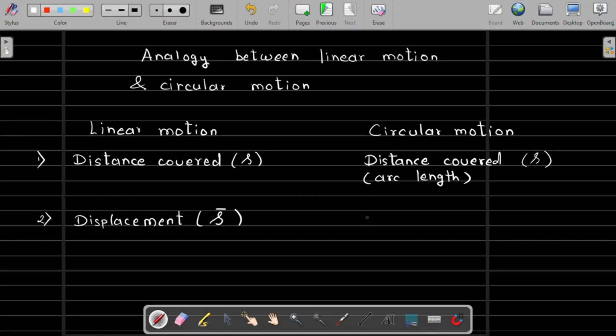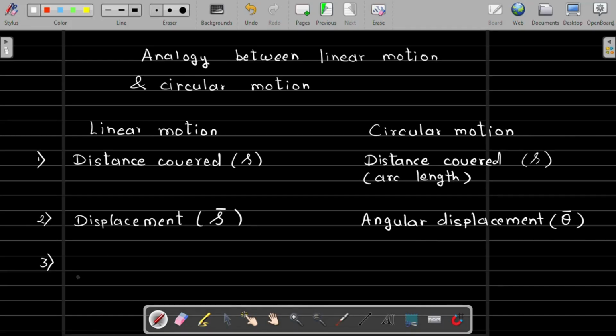Here also, now in case of circular motion, we know it is nothing but the angular displacement, and we denote it by theta bar. If I have to write the magnitude, it's simply theta.